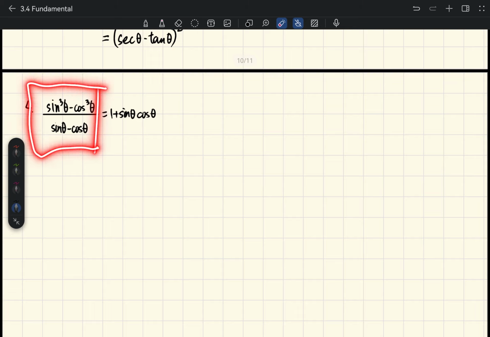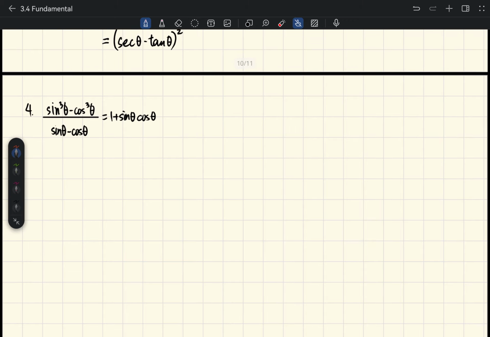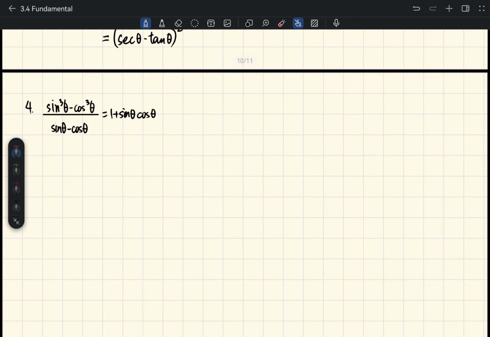This left side has a lot of things happening. First, you have the cube of a sine and cosine. And then in the denominator, you have sine theta minus cosine theta. And take note, if you will recall from your basic algebra, x cubed minus y cubed is just x minus y multiplied by the square of the first term.